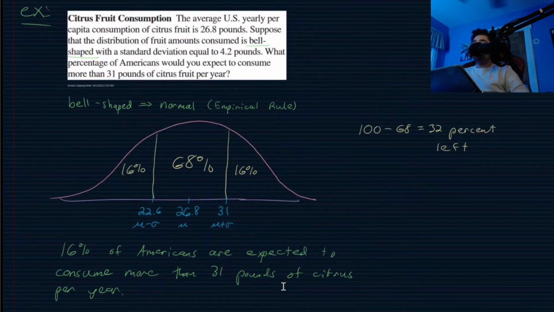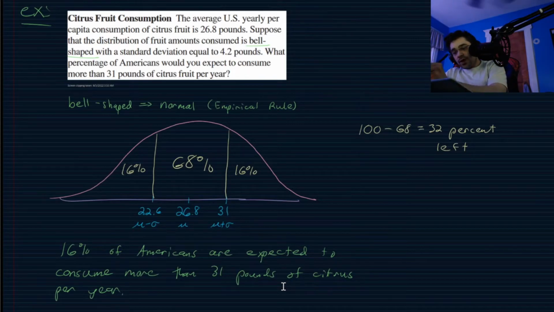Let's just go over this one again. We go out 1 standard deviation from the mean. We see that's where that 31 that they're looking for is. It's actually the upper bound of 1 standard deviation. And it's asking what percentage of Americans would you expect to consume more than that amount.